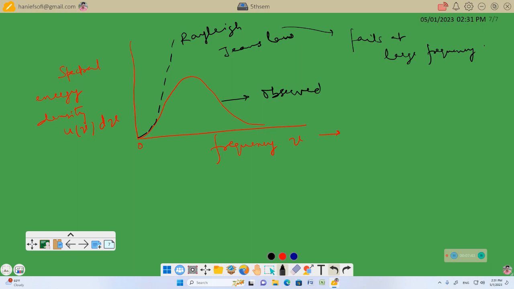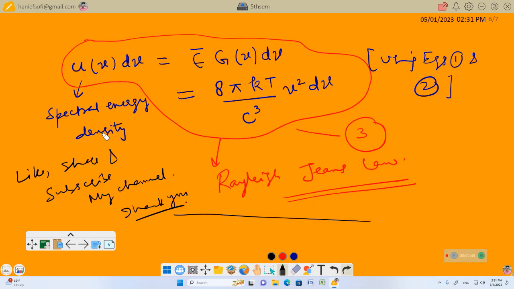So let us move to this equation. You can see this spectral energy density from Rayleigh-Jeans law increases with nu square.